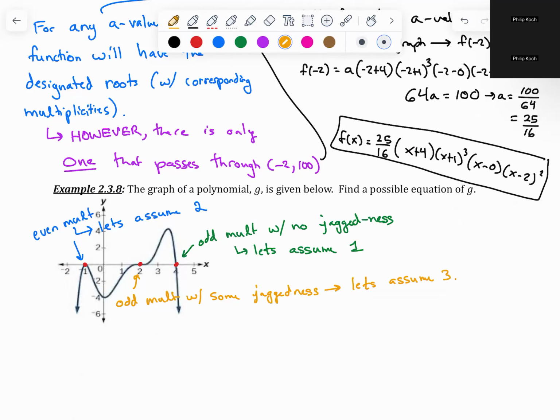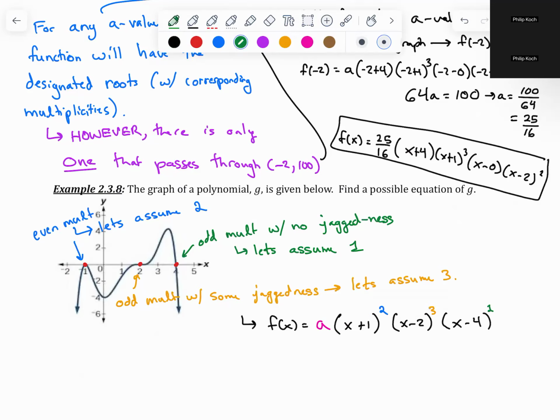So with all of this information, we know that f of x will equal a, which I'm going to do in pink, because we don't know what that a value is, times x minus -1, so x plus 1 to the 2nd power, though you could choose the 4th power or the 6th or the 8th, times x minus 2 to the 3rd power, though you could use the 7th or the 5th or whatever, and then x minus 4 to the 1st power.